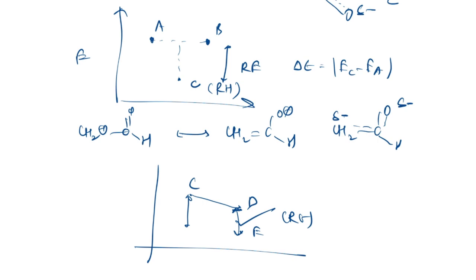How is D stable? We know that negative charge on the more electronegative atom is more stable. We have already seen this in the stability of resonating structures. So delta E, the resonance energy, will be ED minus EE. This is the value of resonance energy: the difference between the most stable canonical form and the resonance hybrid.